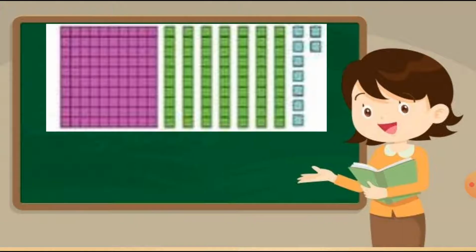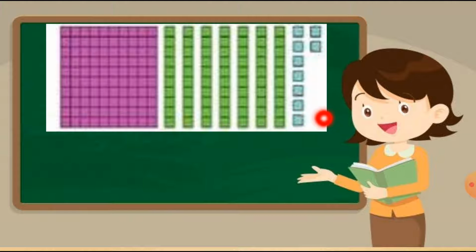Here is one more example for you. Now I hope you understood which is the ones value, which is the tens value and which is the hundreds value. As we start with the ones value, let's count the ones value, the small green square boxes.